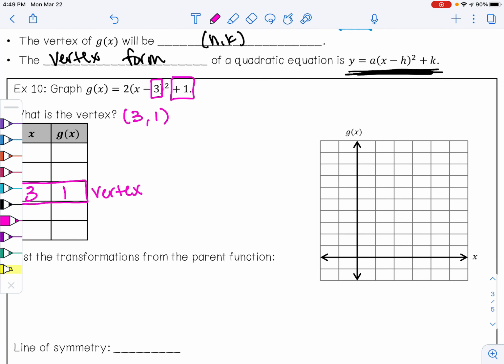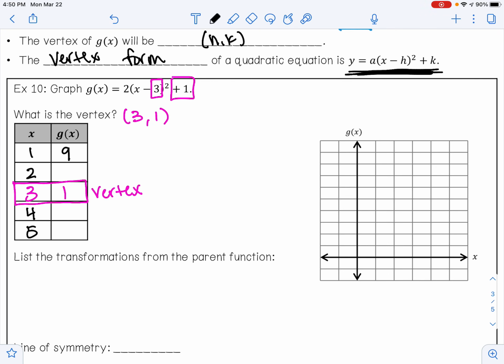To figure out what numbers come next, after 3 comes 4, and after 4 comes 5. Before 3 is 2, and before 2 is 1. So I'm just going to plug these values into my calculator to get these, or you can plug them in and use your brain and the order of operations. When I do that, I get 9, 3, 1, 3, and 9.